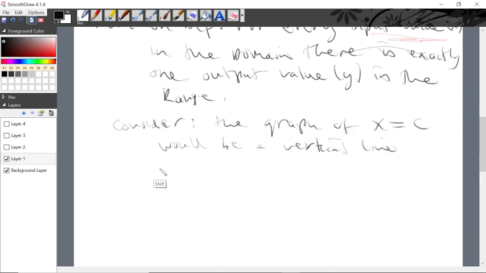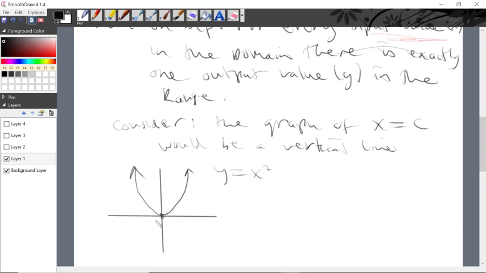So, for example, let's take a look at the basic graph of y equals x squared. And that's the graph of a parabola. I'll make it a little wider here. There we go. So, a parabola.